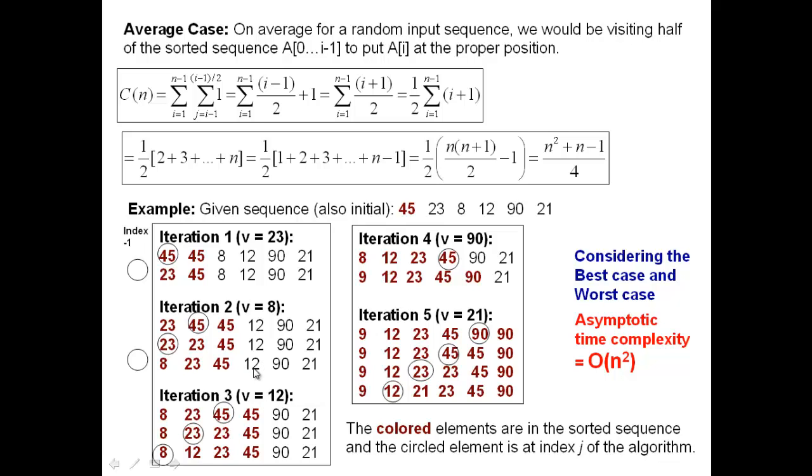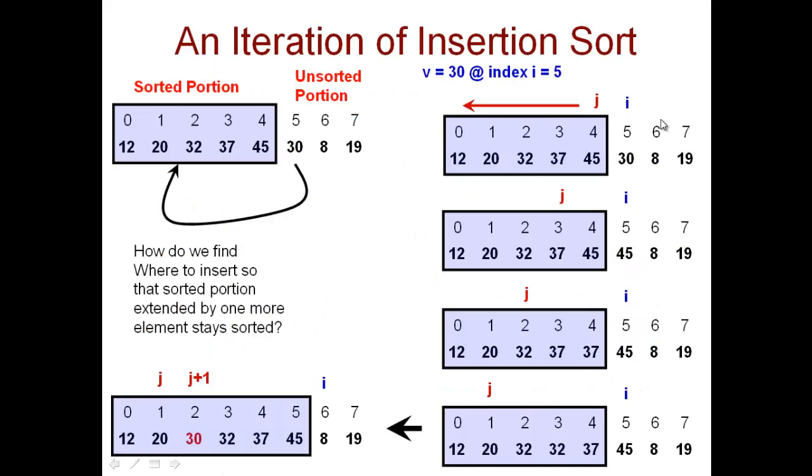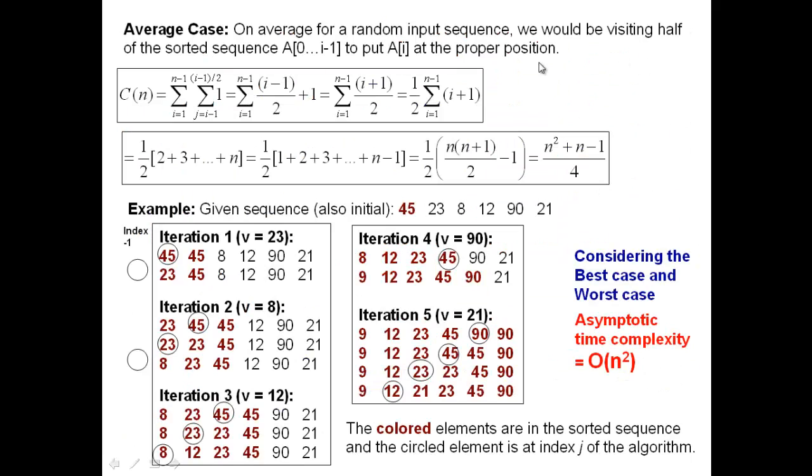That's the start of the unsorted portion. So in the ith iteration, the value at index I will be the first element in the unsorted portion. In the iteration I equals 1, the value at index I is the first element in the unsorted portion, which is 23.